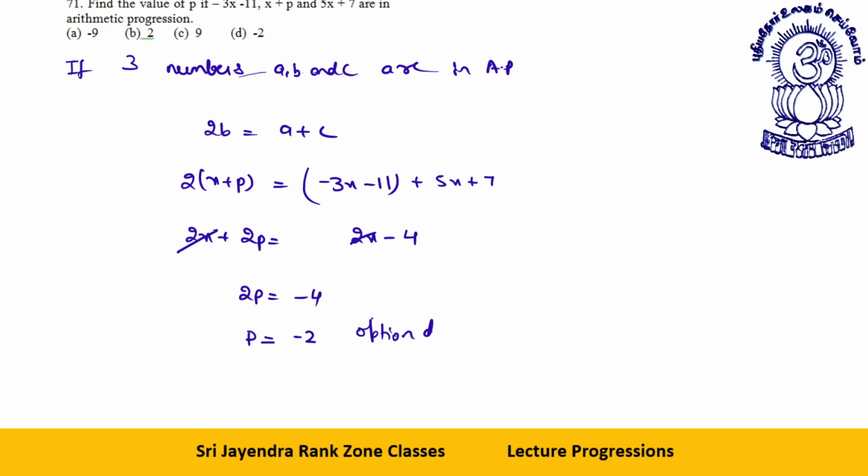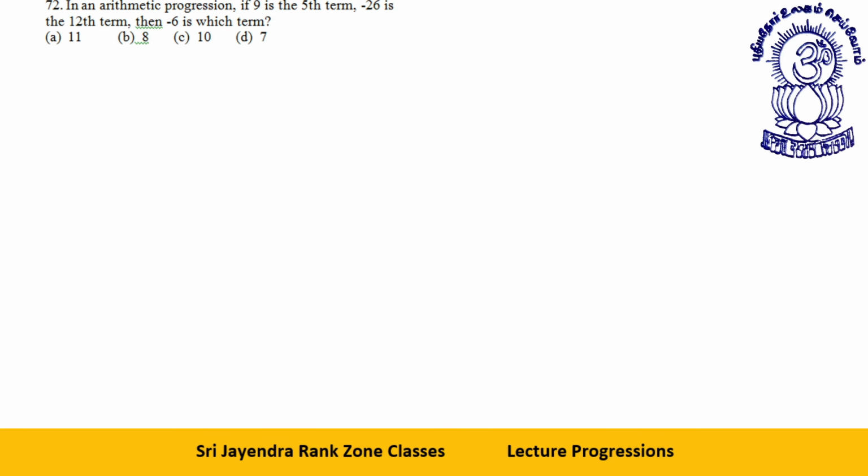Next one. In an arithmetic progression, 9 is the fifth term, A5 is equal to 9. Minus 26 is the 12th term. Then minus 6 is which term?